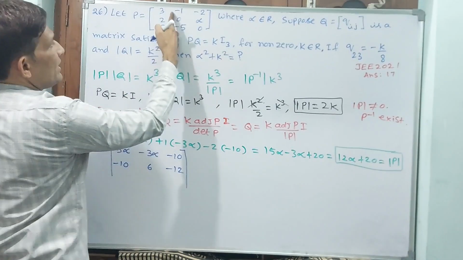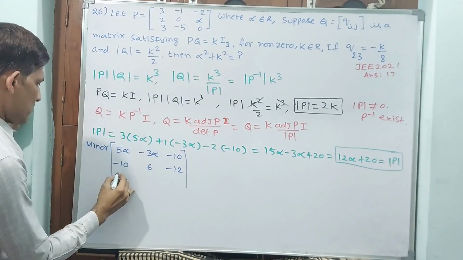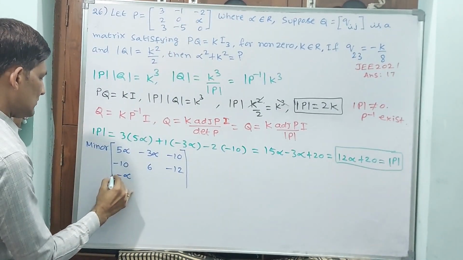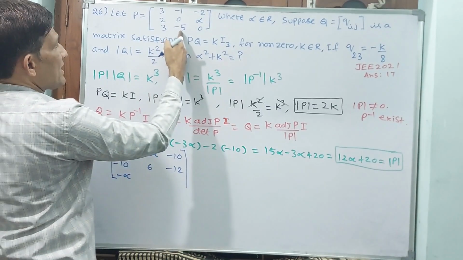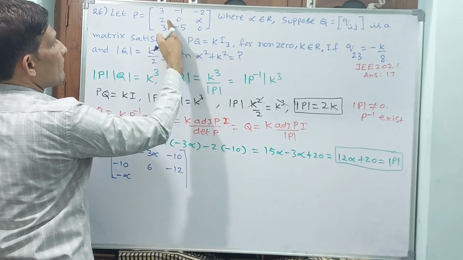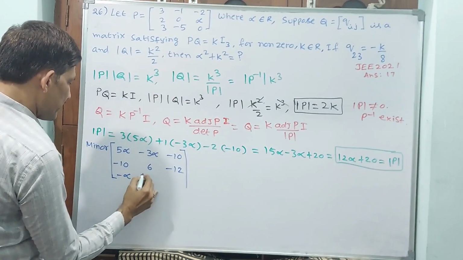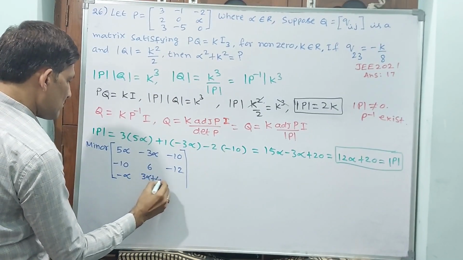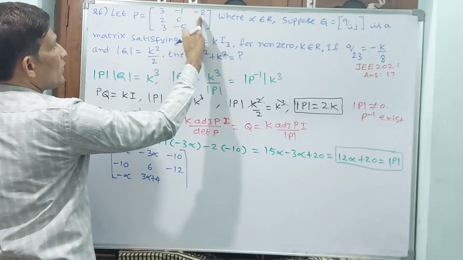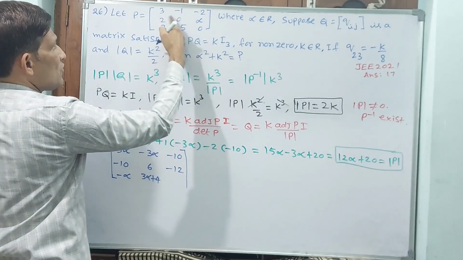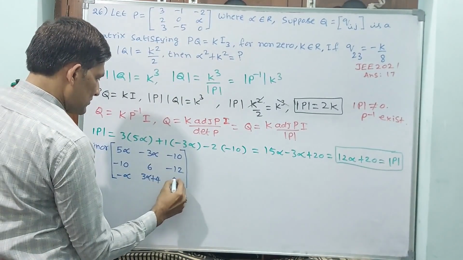If you close 3, minus alpha, minus 0, minus alpha. If you close minus 5, 3 alpha plus 4. If you close 0, minus of minus 2, plus 2.